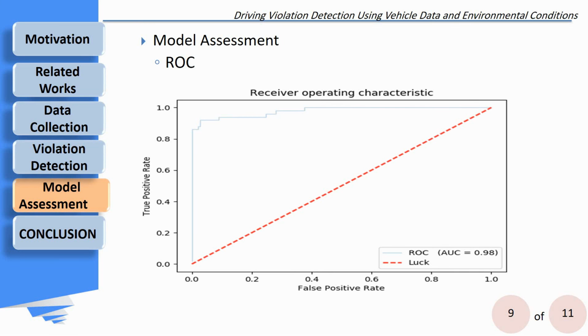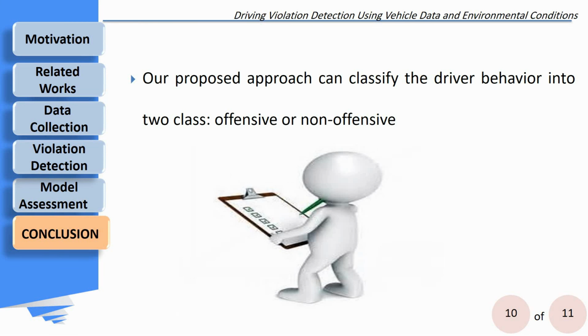And here is the figure that highlights the efficiency of the proposed model, the ROC. The area under the curve for the model is about 98%, which is very close to 1.